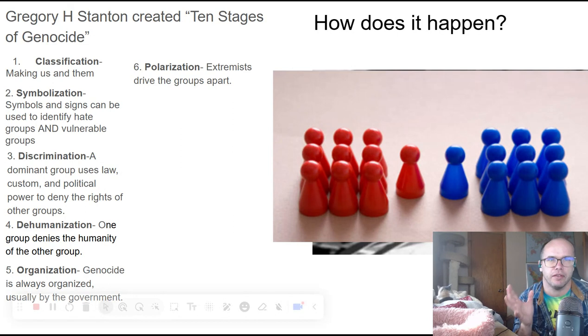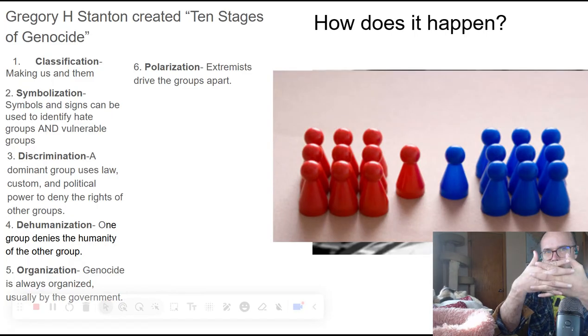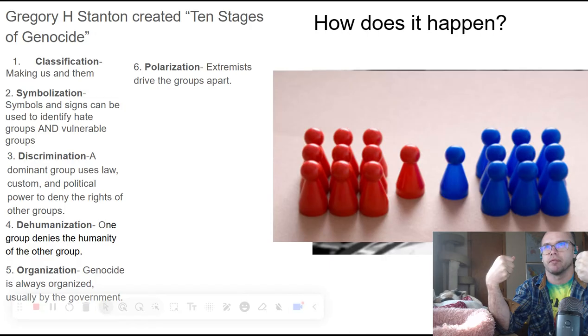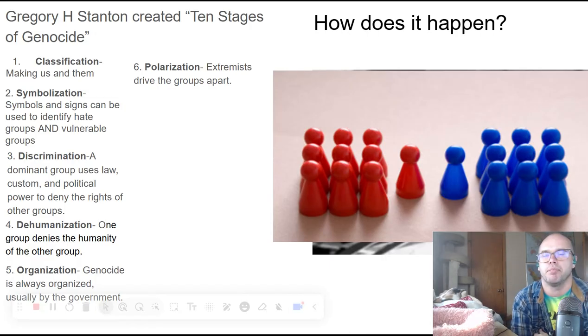And once you have this, people start getting polarized. When people stop arguing and discussing and start just fighting, it drives people apart. And when people are driven apart, when they don't have close interactions with each other, it's easier to see other groups as enemies or as not human.